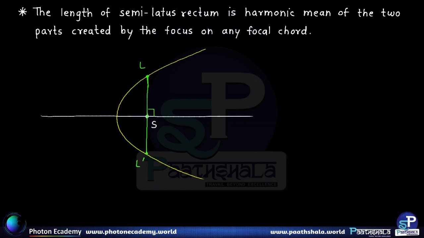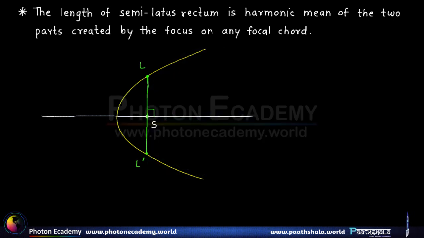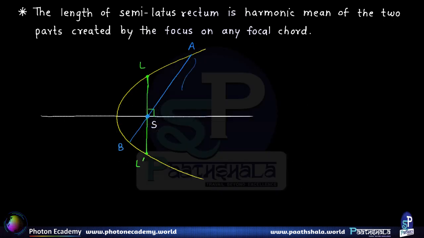Now if we consider any focal chord in general, let me denote some focal chord here, something like this. Let us call that chord AB. Clearly, the focus is going to divide the focal chord into two parts, that is AS and BS.